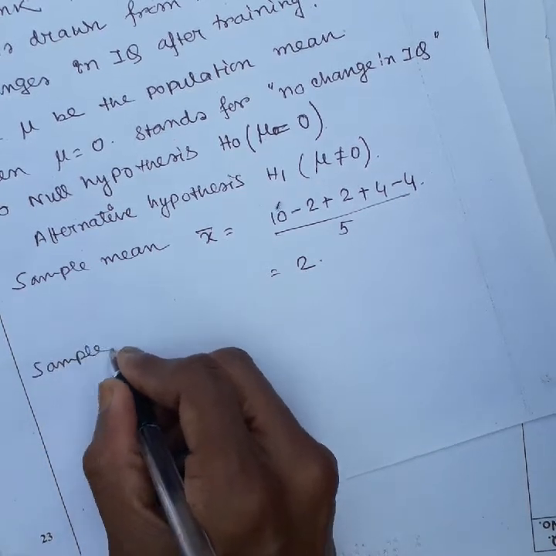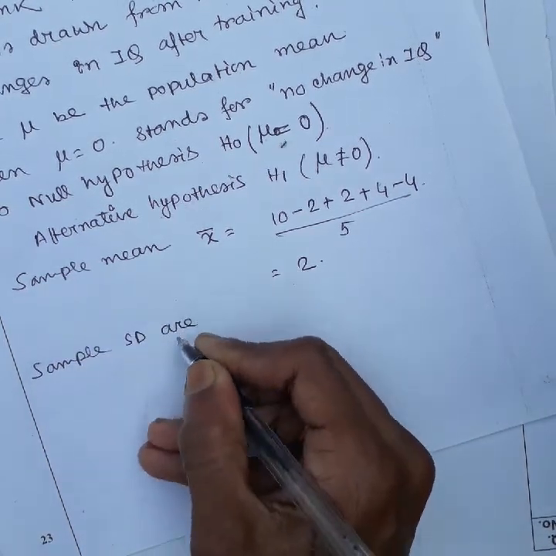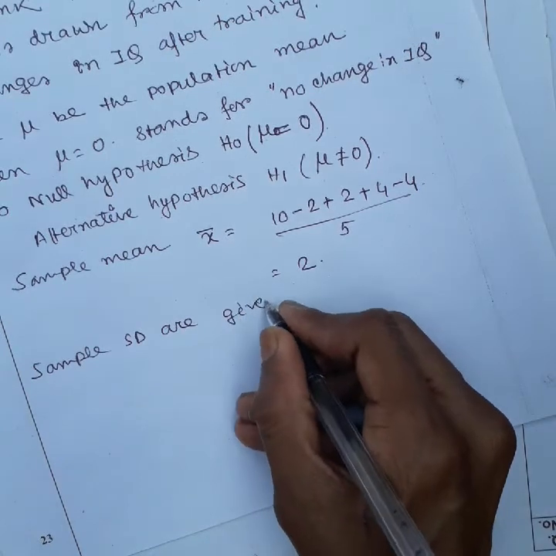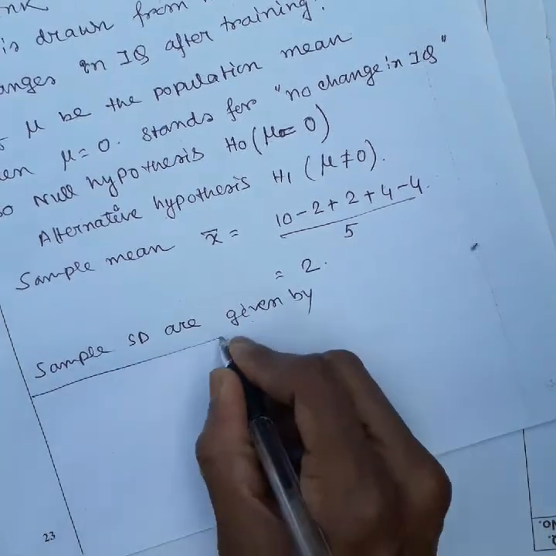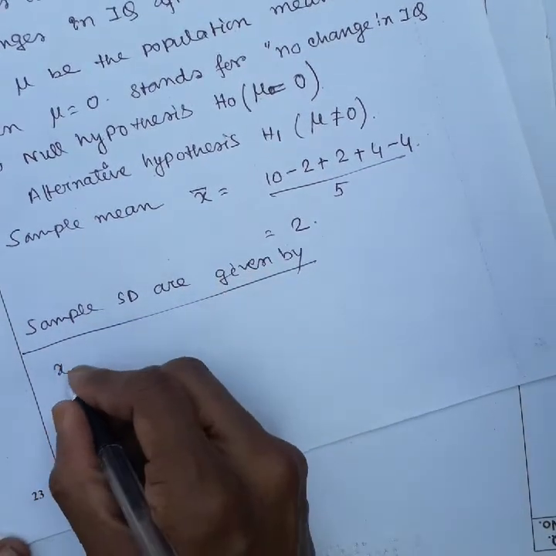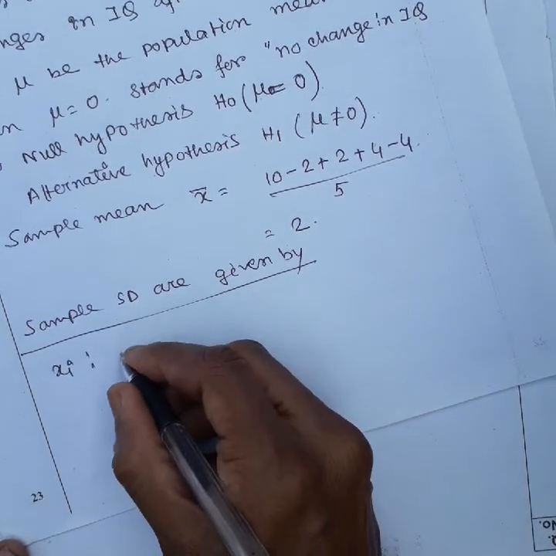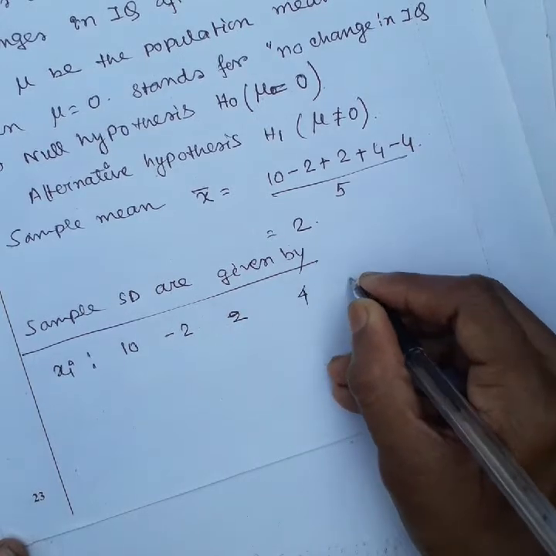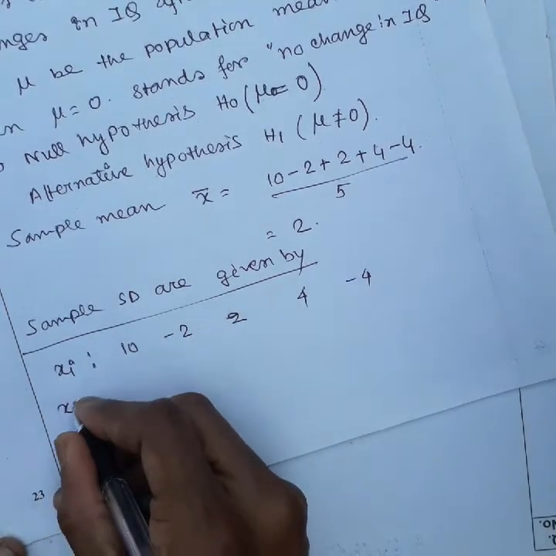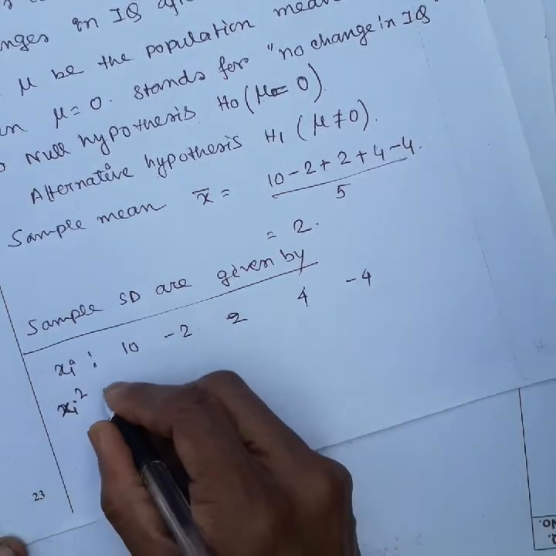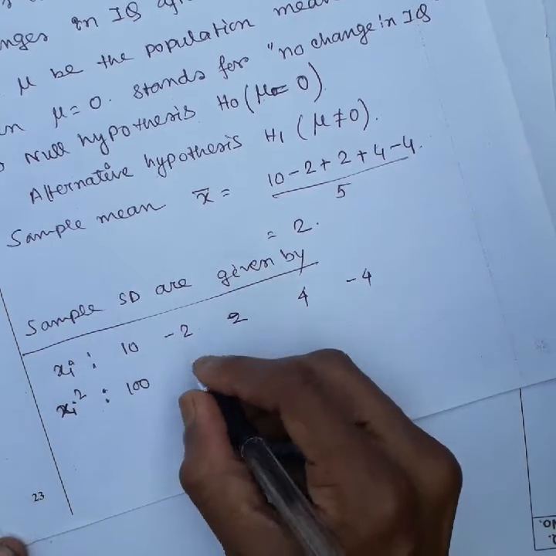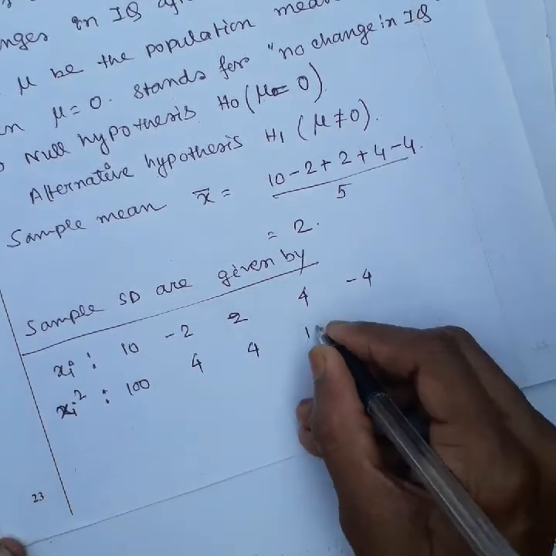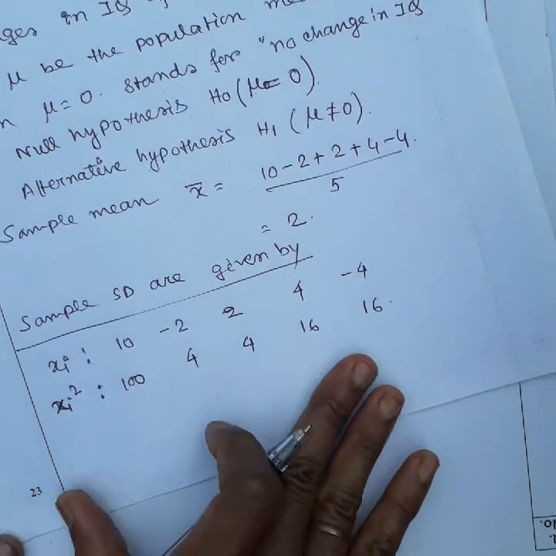And the sample SD is given by: xi is given here, that is 10, minus 2, 2, 4 and minus 4, and we have to find xi square, that is 100, 4, 4, 16 and 16.